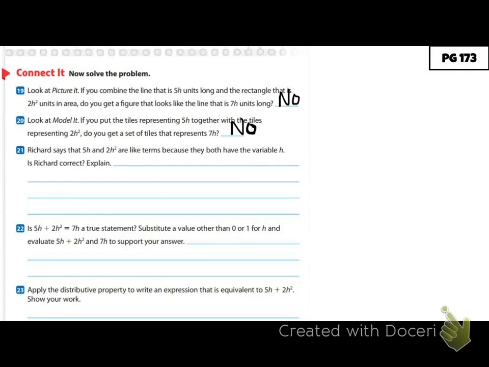So, 21 says, Richard says that 5h and 2h squared are like terms because they both have the variable h. Is Richard correct? Well, if we look back at our pictures, do the h and the h squared look the same? No, they do not.